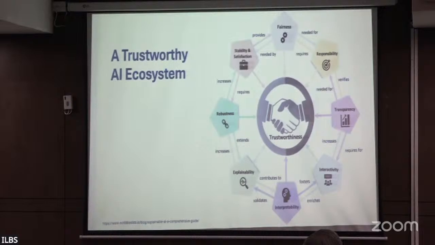So the trustworthy ecosystem involves many terms: fairness, responsibility, transparency, interactivity, interpretability, explainability, robustness, scalability, and satisfaction. All these factors are interrelated, and all of them have to be addressed to make an AI model trustworthy.